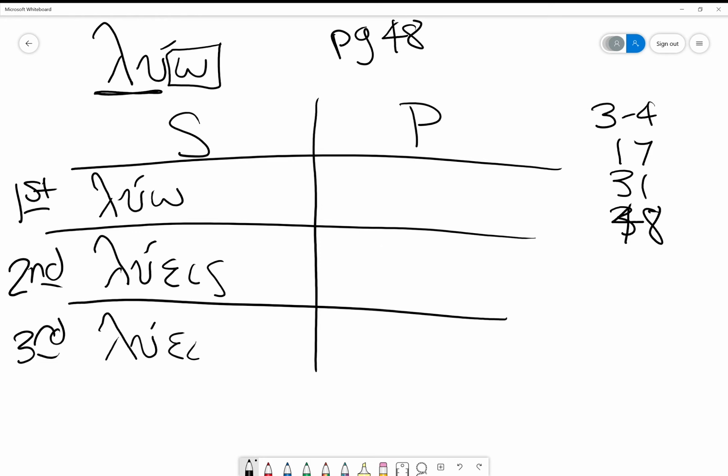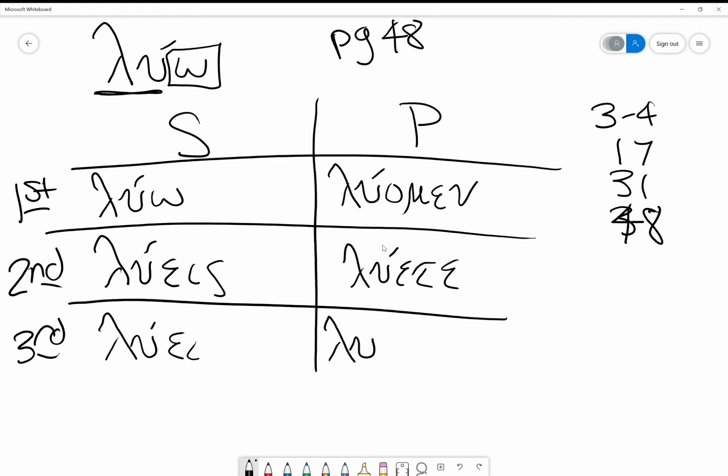Now, what if we have multiple people doing this? Okay, so we get luomen, luete, and lusi, or lusin. Now I'll explain that in a minute. So, singular: I loosen, you loosen, he, she, or it loosens. Plural is over here.